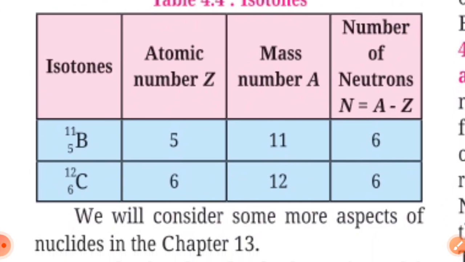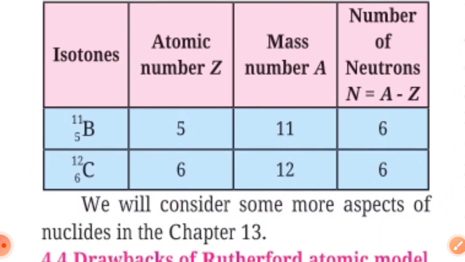Isotones: boron-11, 11B5, atomic number 5, mass number A is 11, number of neutrons N is equal to A minus Z. Carbon-12, 12C6, atomic number Z is 6, mass number is 12, number of neutrons N is equal to A minus Z.